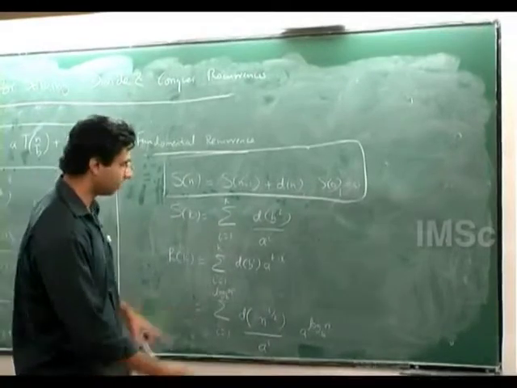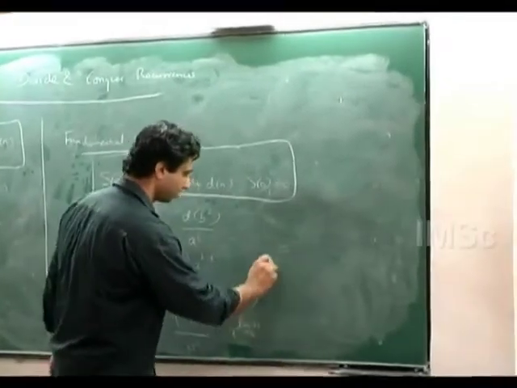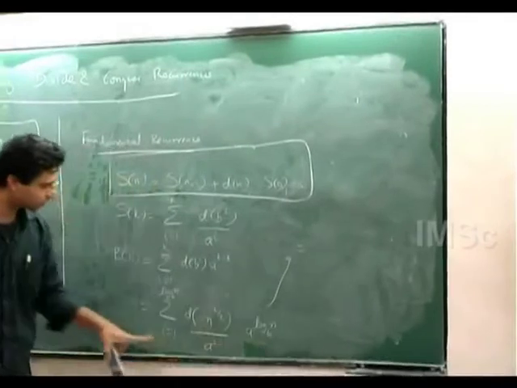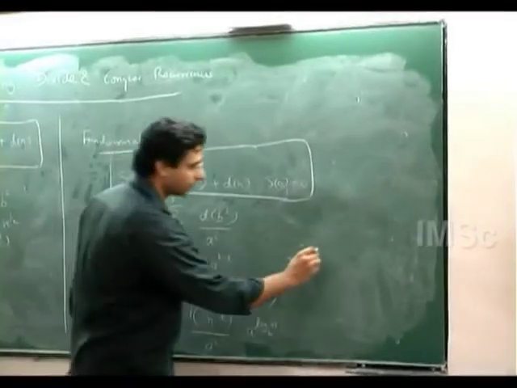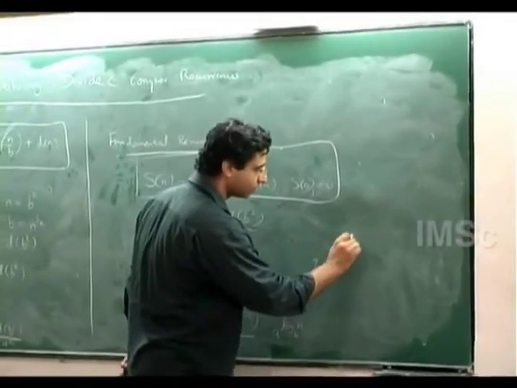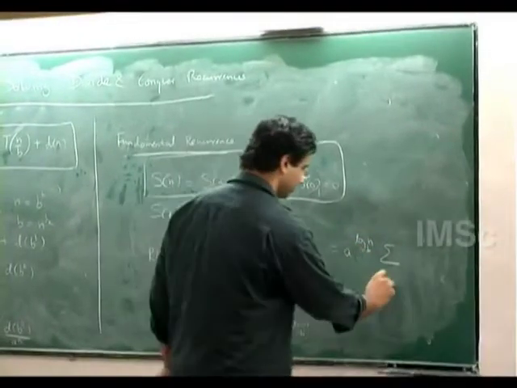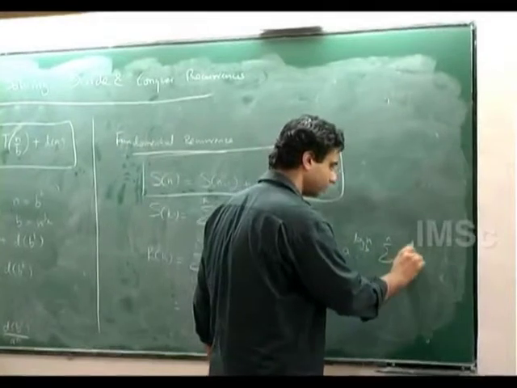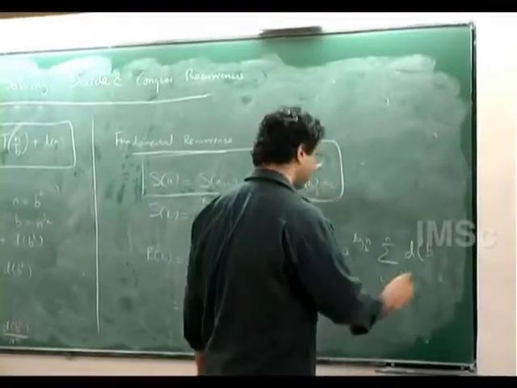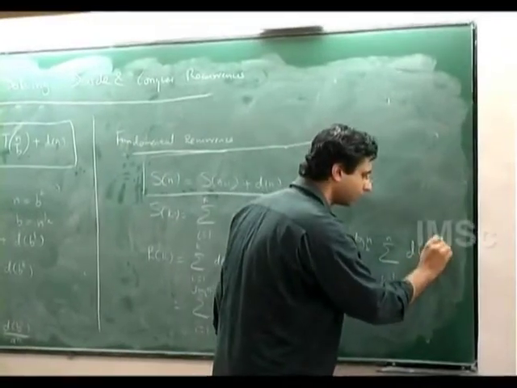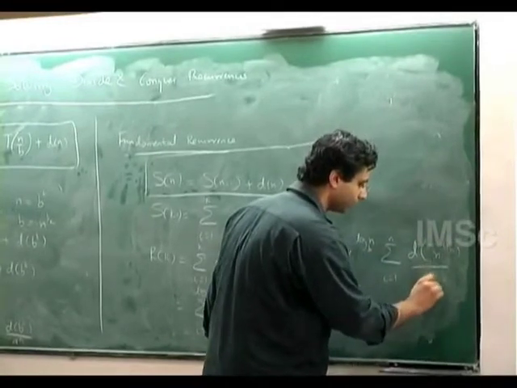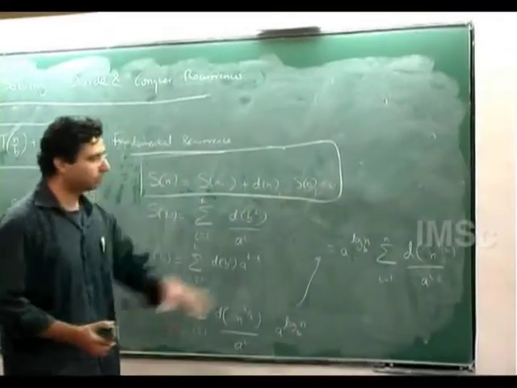And so I can rewrite this by taking this out of the summation. I'll get a raised to log of n base b, and this nice sum, the driving function at i by k over a raised to i. And what is this thing?